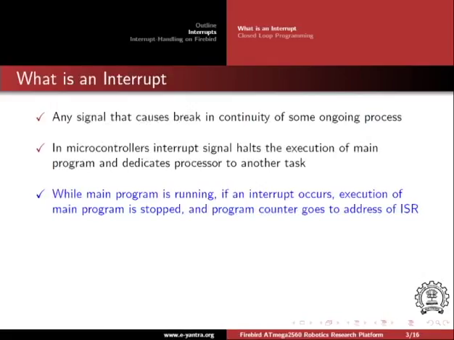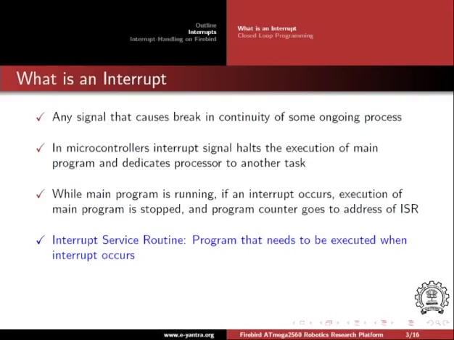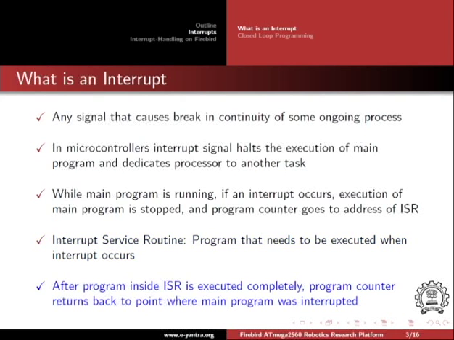The program counter is a register that stores the address of the next instruction to be executed. ISR, or the interrupt service routine, is a small function that needs to be executed when an interrupt occurs. After the code in the ISR is executed, the execution of the main program resumes from the point where it was stopped.